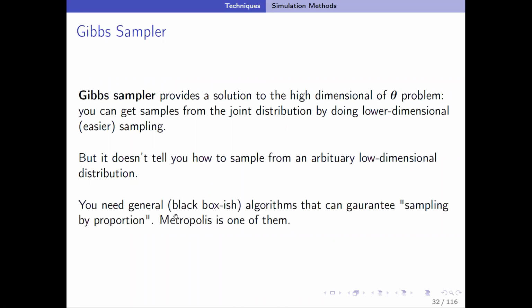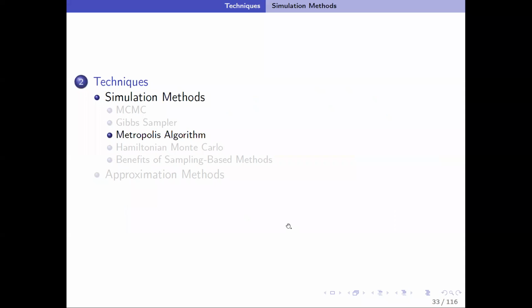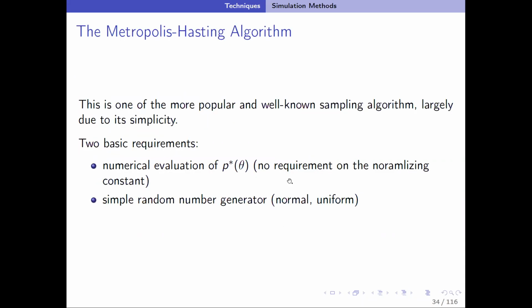And that comes with, you require a general black box algorithm that can guarantee this property called sampling by proportion. And the Metropolis is one of them. Okay, so we move on to Metropolis. The Metropolis story is the following. Metropolis only requires two basic ingredients, which are easy to get.